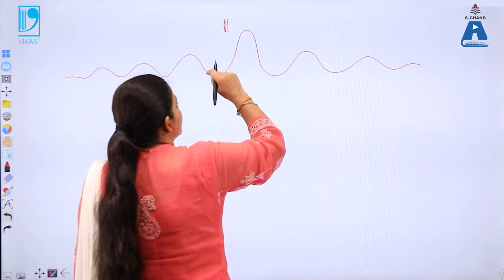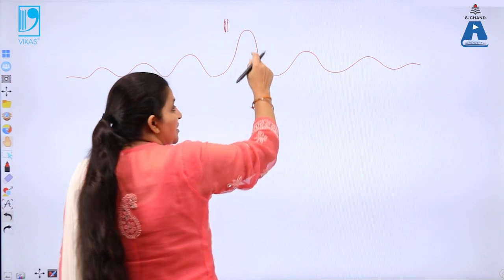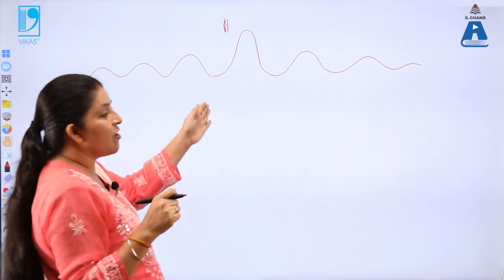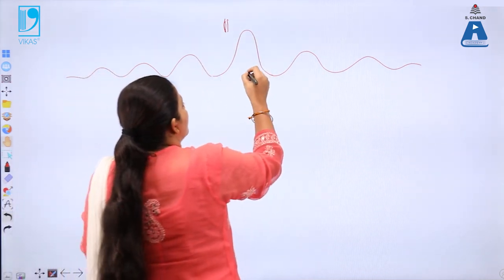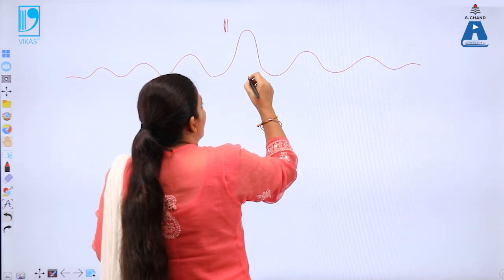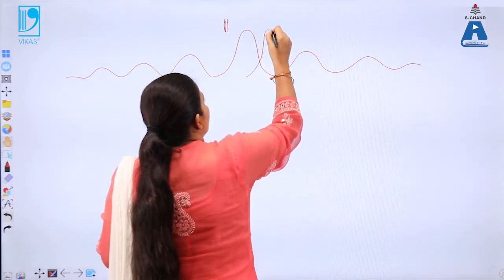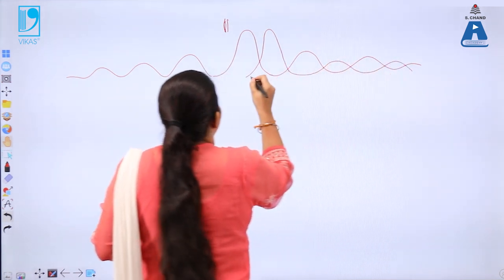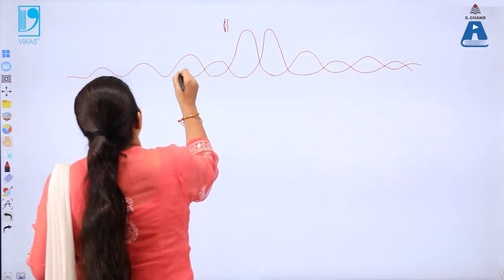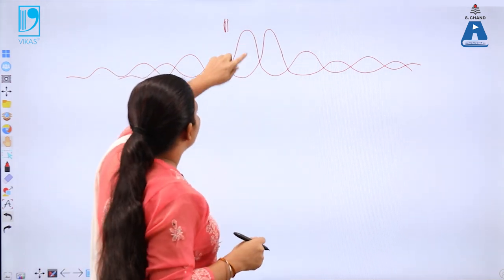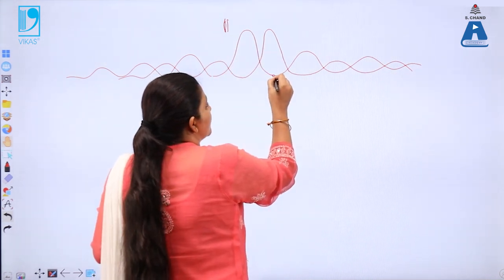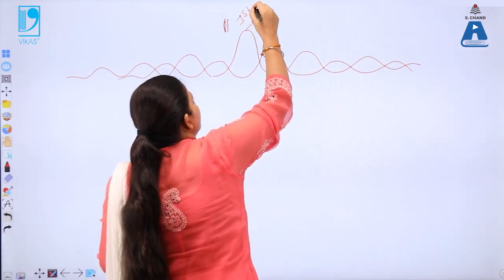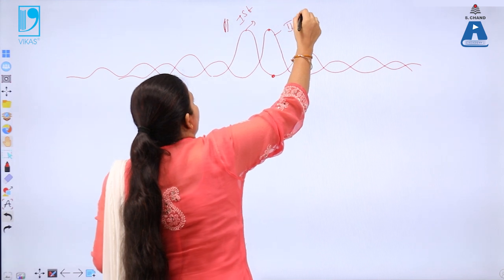Now that means one condition is that the central or the first maxima of one falls on the first minima of the other. If this is a minima of the first, and here this is a maxima of the other, now in this case if this is the first minima, it falls on the maxima of the other, because this is the diffraction pattern by the first and that is the diffraction pattern by the second object.